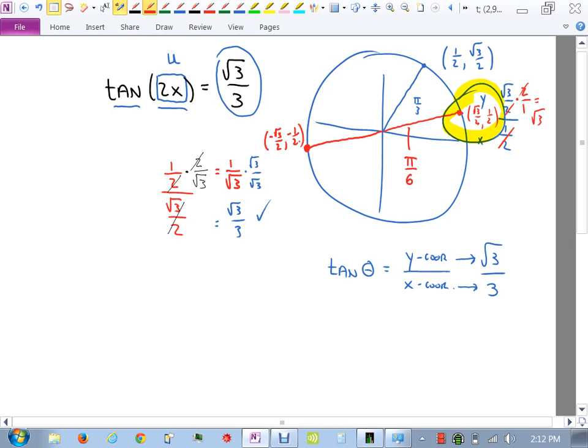Do you see that if you set that up the same way? Then you take the y coordinate, negative 1/2, divided by the x coordinate, negative root 3 over 2. It's the same exact problem because the negative over negative is positive. So those two negatives are going to be gone, and you get the same result.